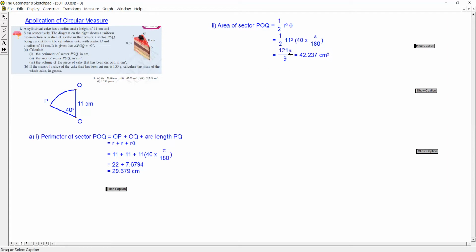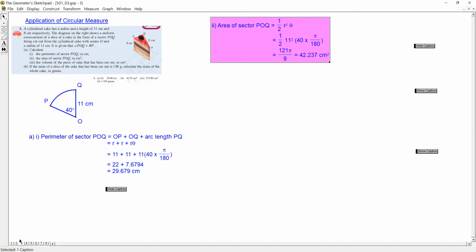So you can either leave the answer in terms of pi or in terms of decimal place. Now, why just now I preferred to leave in terms of pi, and now I want to calculate the answer in decimal place? There's only one reason, because this number here, 121 pi over 9, is very big, many numbers there, right? 121, then divide by 9 and so on. So I feel that maybe I need to change to decimal.